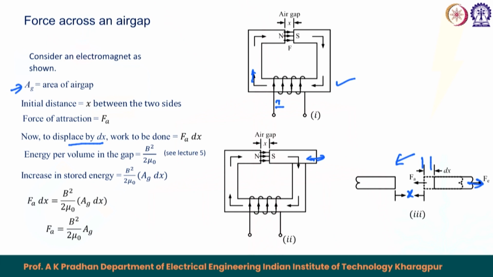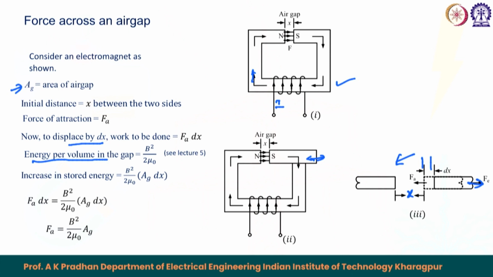Energy per volume in the gap: we already know from our lecture 5 that, considering half L I square, we derive the energy contained in the magnetic field. For the air gap, this becomes B square upon 2 mu naught per volume. Into the volume gives the total energy stored in that magnetic field.